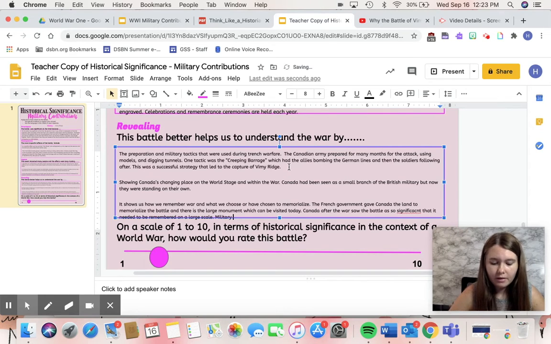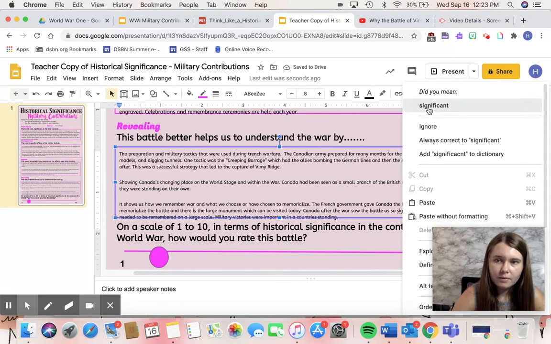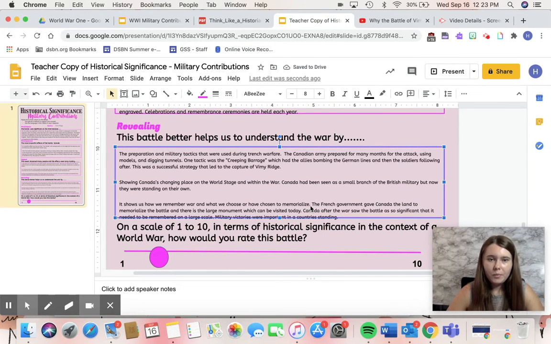Military victories were important in a country's standing. So overall, we can look at how we understand war in a few different ways, through the military perspective, like the actual strategic tactical perspective, Canada's place within the war, and then as a whole, how we memorialize war.